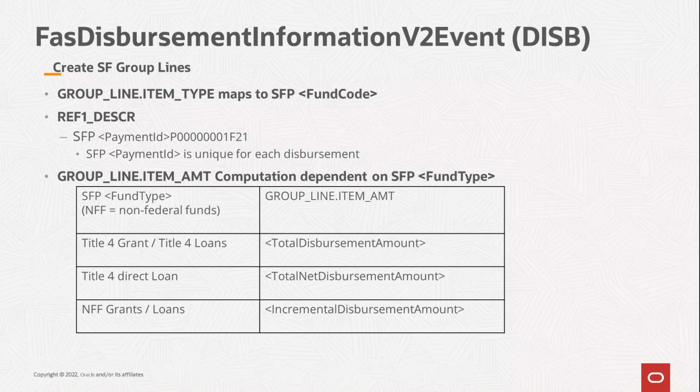So if the fund type is a Title IV grant or Title IV loan, the total disbursement amount will be used to populate group line's item amount. If the fund type is Title IV direct loan, then the total net disbursement amount is used. And for non-federal fund grants and loans, the incremental disbursement amount will be used to populate group line's item amount.